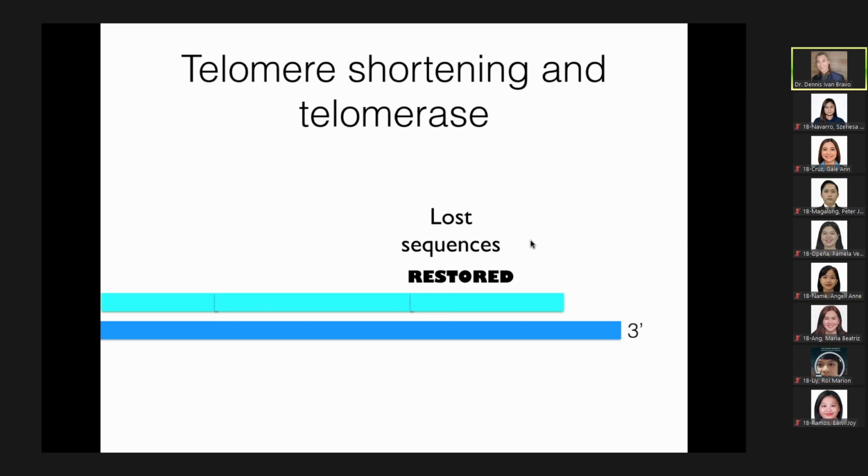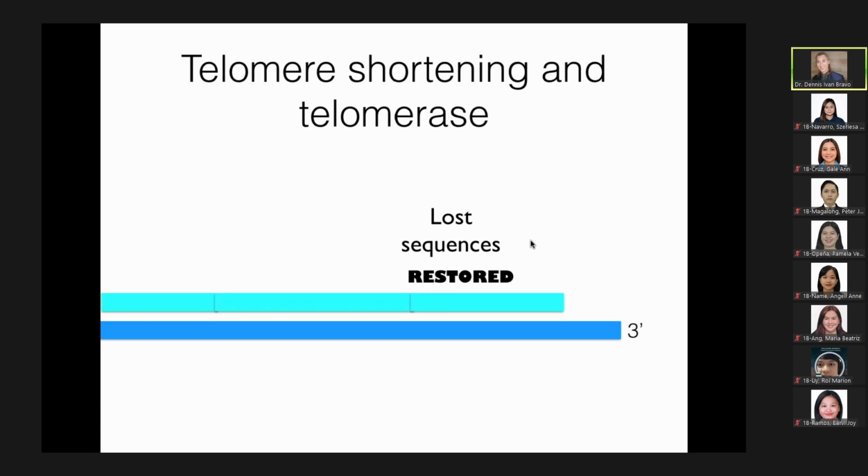Somatic cells do not have an active telomerase. What are the cells that do have active telomerases? Anyone? Progenitors. Yes, cancer cells. Ano pa? Progenitor, stem cells, germ cells.